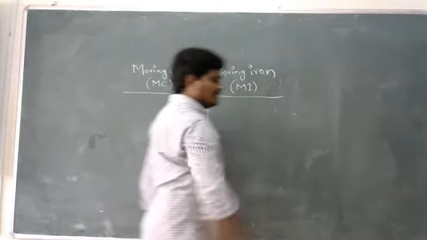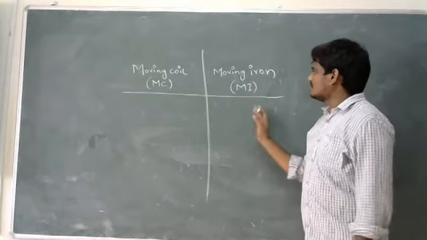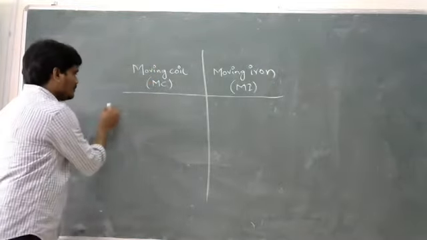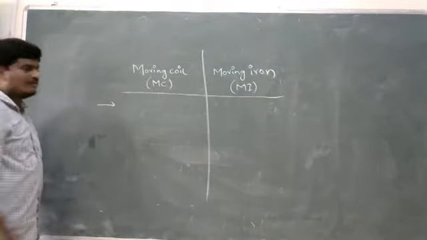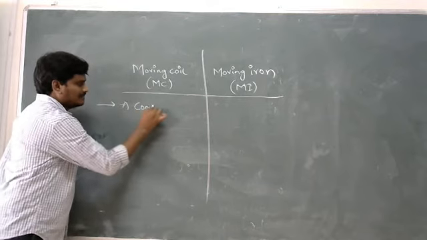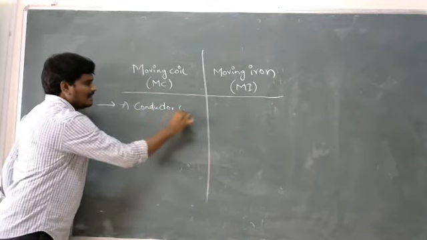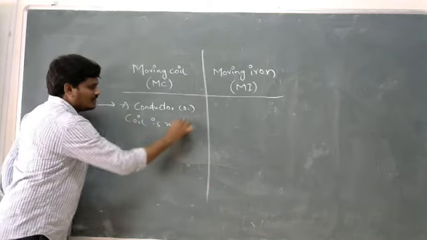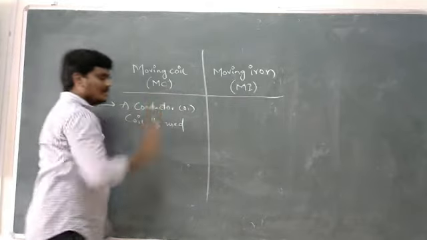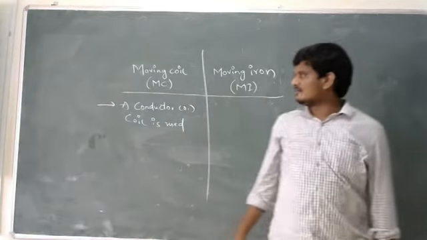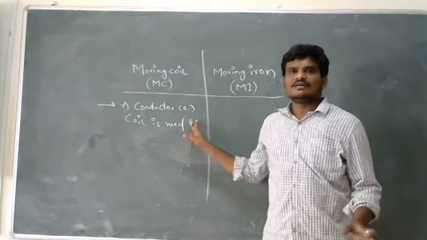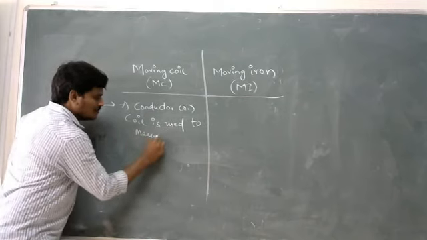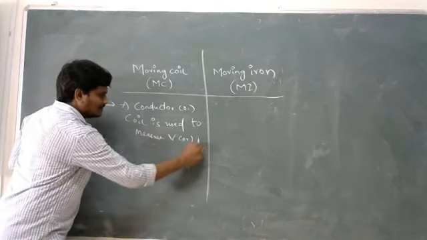First we will go with the definition of the moving coil instrument. In case of a moving coil instrument, a conductor or coil is used to measure the value of voltage or current.